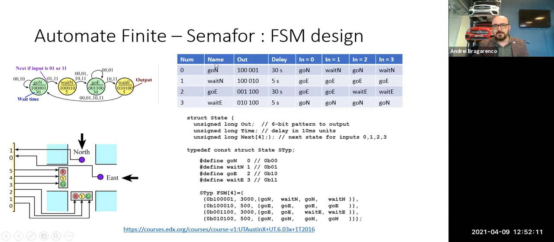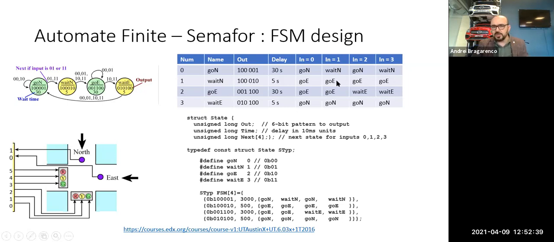So we have this table. Wait north is always transferring to go east, and wait east is always transferring to go north. Here we will transfer to wait north only if we have a request from the east, only east is asking, or both are asking.